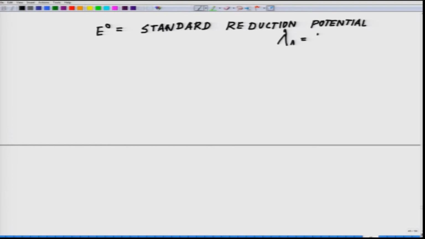Your E0 is standard reduction potential, since we are only dealing with reduction potential, where aA, aB is equal to 1, which is the unity, I mentioned that, okay.